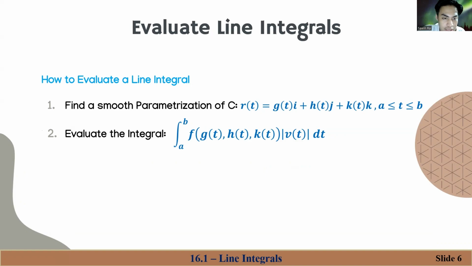The next step is to evaluate the integral once you have found the parameterization of C with your range set. From that, we can turn it into the integral from a to b of the function g of t, h of t, and k of t multiplied by the norm of v of t dt.